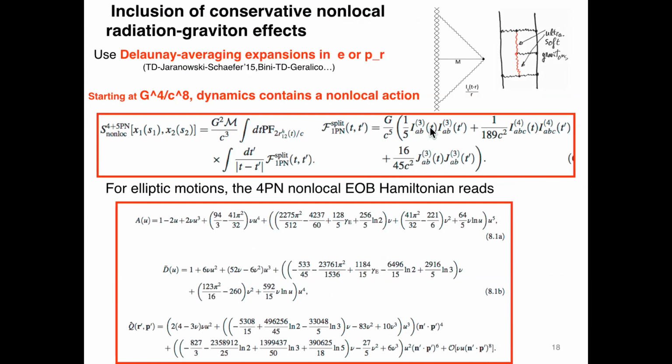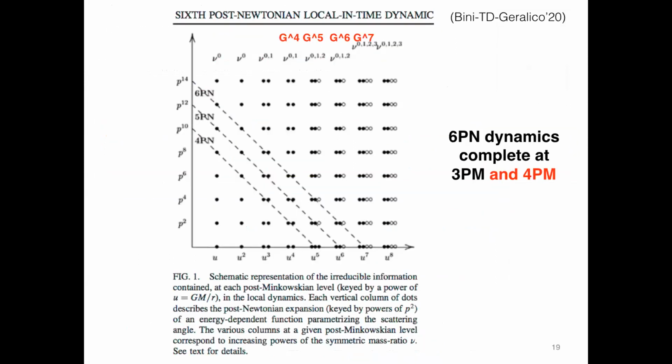the non-local terms in the action, which start at 4PN and then go to 5PN and 6PN, are explicitly written as logarithmically divergent integrals. They contain fluxes of gravitational waves, and then you use SelfForce to complete them.